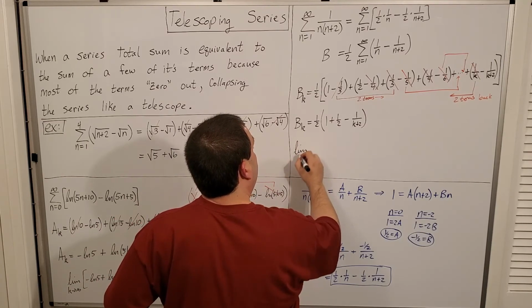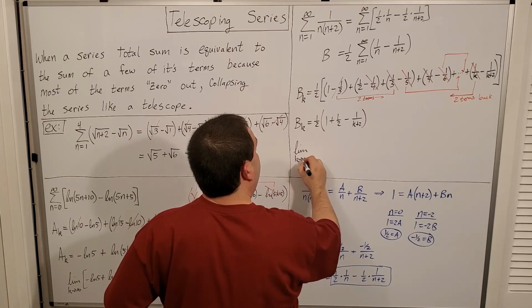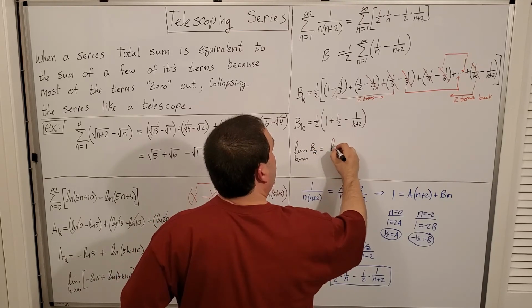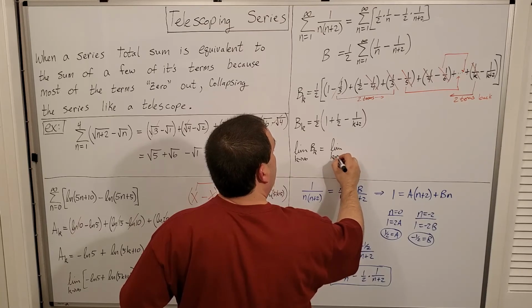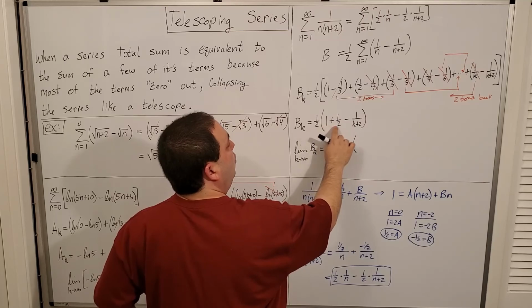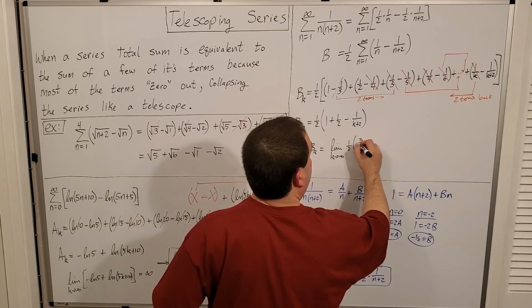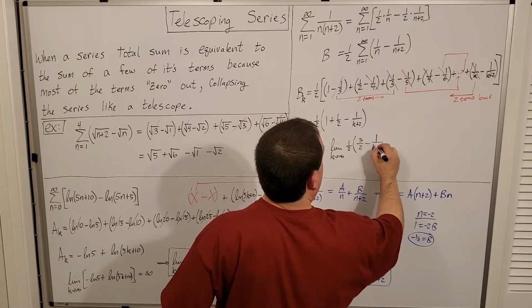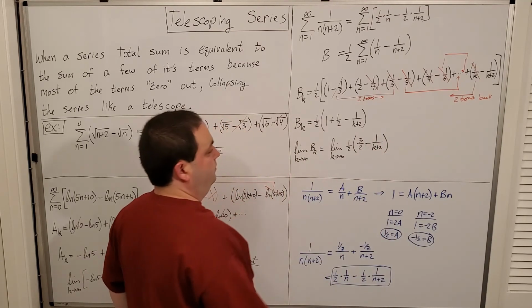The limit as k goes to infinity of b sub k is equal to the limit as k goes to infinity of 1/2 times, I'll go ahead and add the 1 and the 1/2 here, that's 3 halves, minus 1 over k plus 2.